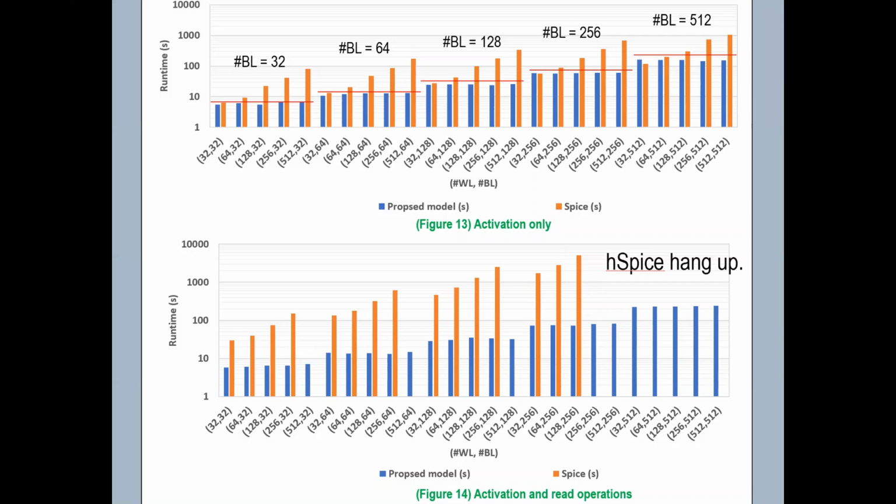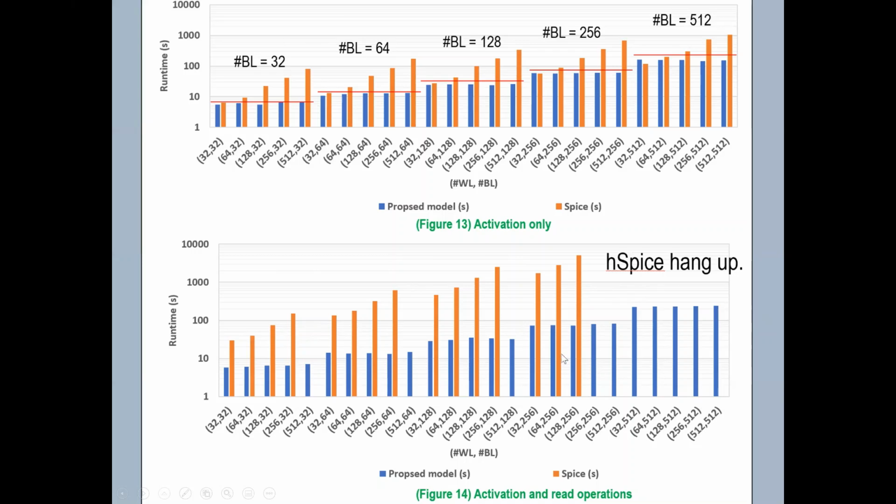The result shows that the speed gain compared to HSpice is over 100 times at the array, which is more distinct under the activation and read-all test bench, which activates a row and reads all column data while increasing the column address. Our proposed model is much more efficient in this circumstance because most of the simulation time is consumed in the activation process.